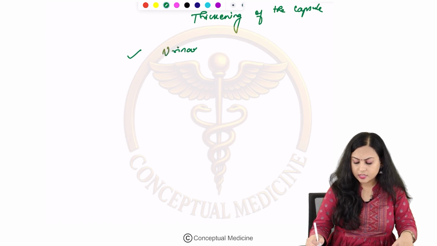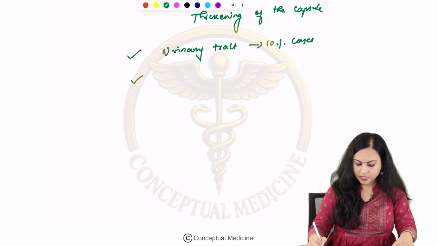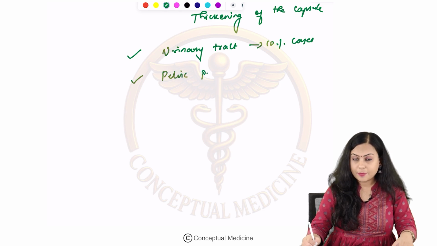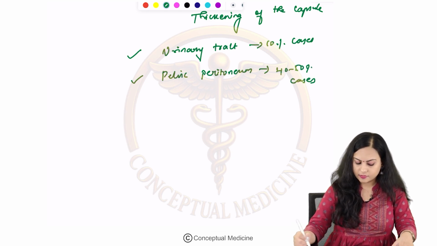Urinary tract is going to be involved in 10% of the cases. Pelvic peritoneum is going to be involved in 40 to 50% of the cases.